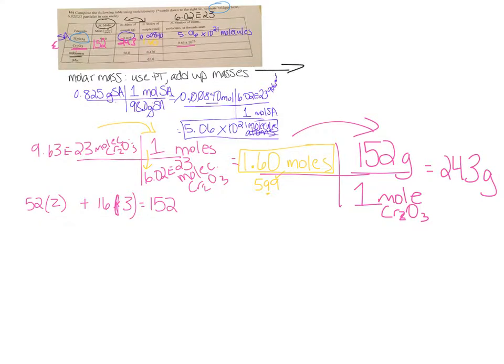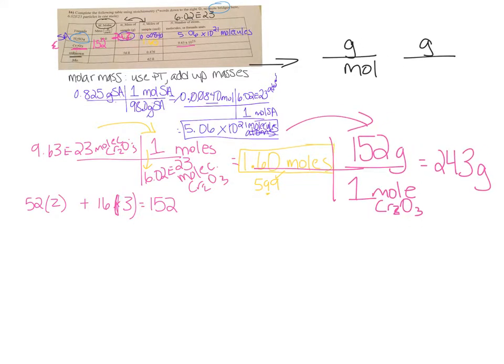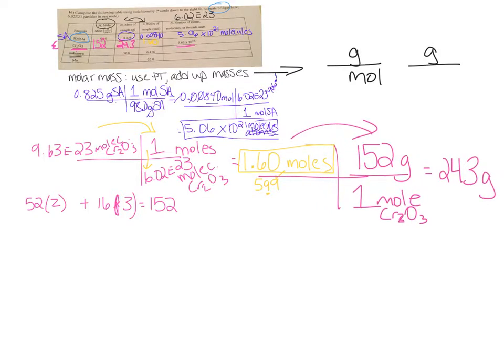It is also grams per mole. So if you notice, we're giving you a mass of a sample in grams, and we're giving you moles of a sample. I'm sorry, per 1 mole. So you're going to take the grams, and then you're going to apply the moles that are also there.